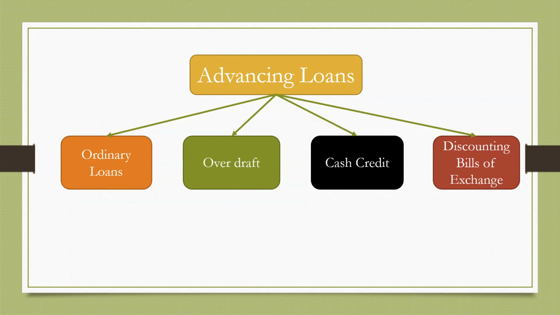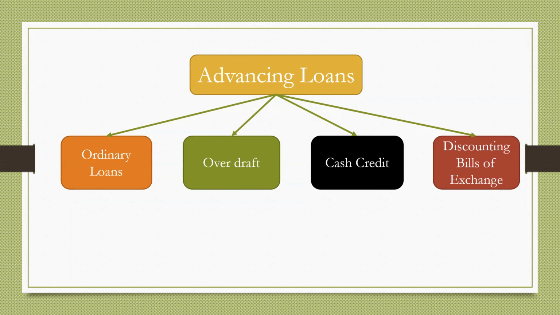He cannot withdraw the entire amount in a single go. He can withdraw only up to the limited sanction from time to time. This type of loan is popular in Indian business world as interest is charged only on the amount withdrawn.